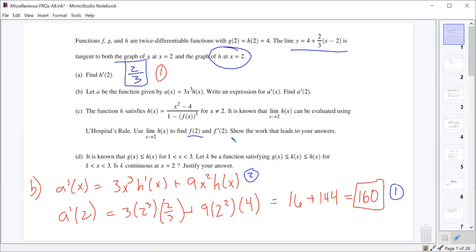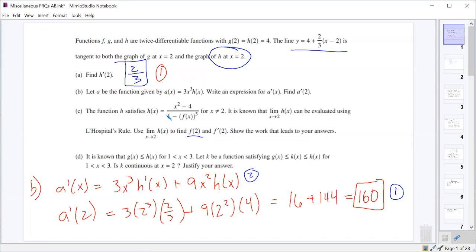So we know this is a twice differentiable function, so the derivatives of g and h both exist. The second derivatives also both exist, which means the derivatives of g and h both have to be continuous at all real values.